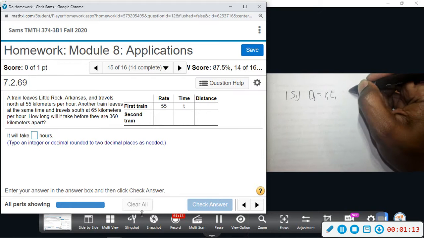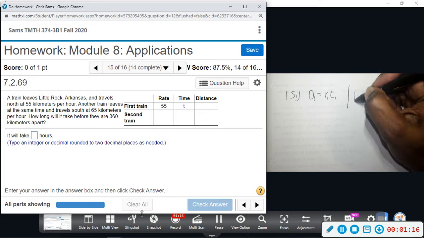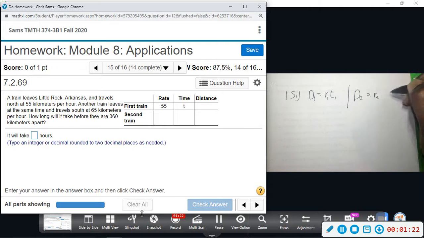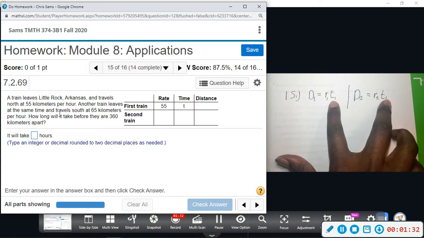And then we have a second distance that the second train has traveled. It has a different speed, but the time is going to be the same because they left at the same time. Over here it says another train leaves at the same time, so the amount of time that these two trains have been traveling is going to be the same.